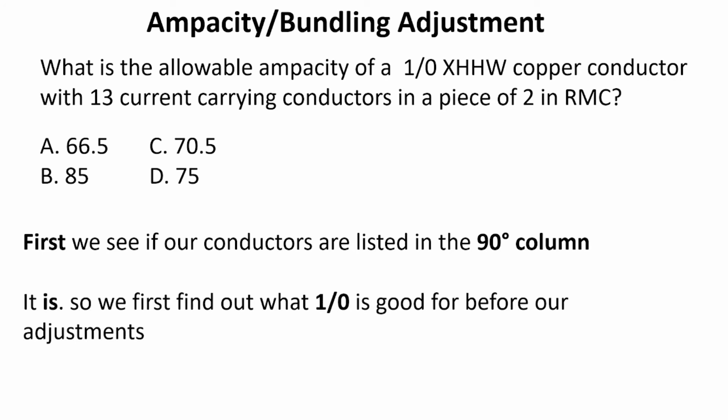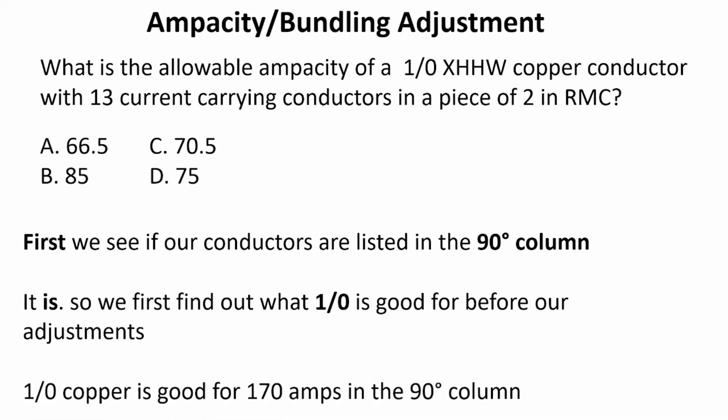So first we find out what 1/0 is good for before our adjustments. We look in the 90 degree C column until we get down to the 1/0 selection, and 1/0 copper is good for 170 amps.